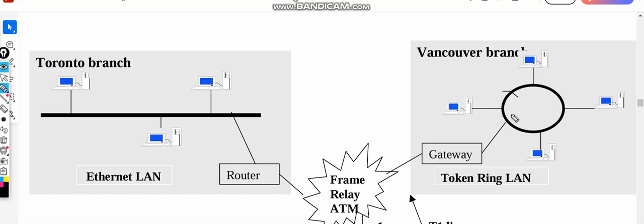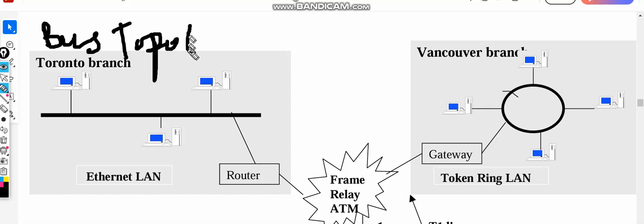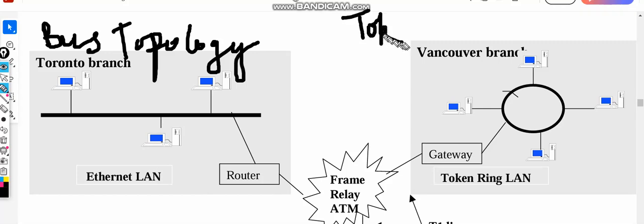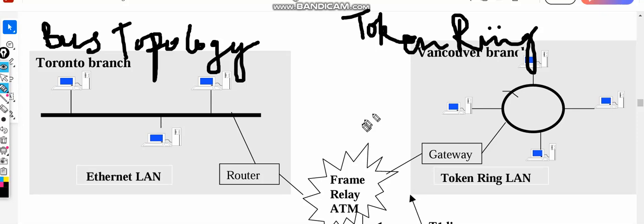Vancouver branch is using token ring LAN technology.